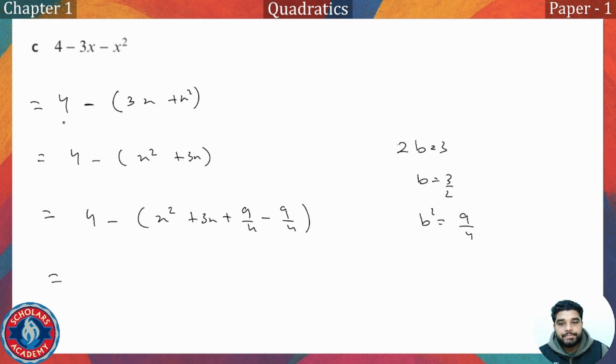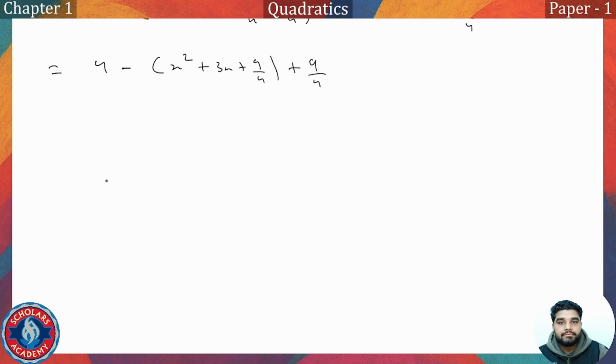Now what we do, 4 minus of x square plus 3x plus 9 by 4, bringing this negative 9 by 4 out, we get positive 9 by 4, and these are the outer constants. We'll bring them together.